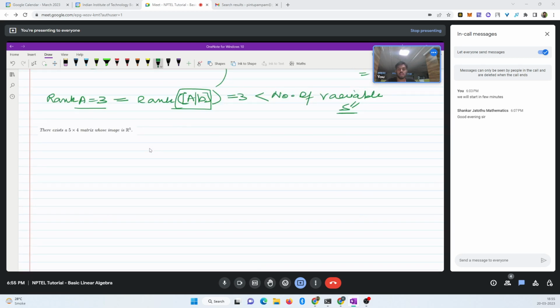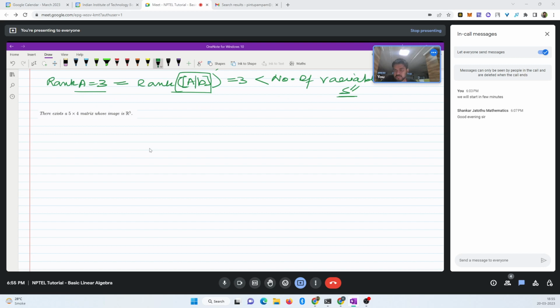Okay, let's go to the next question. It says that there exists a matrix whose image is R5.